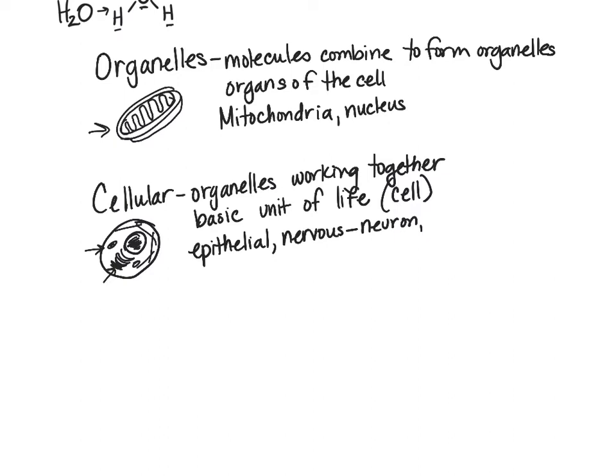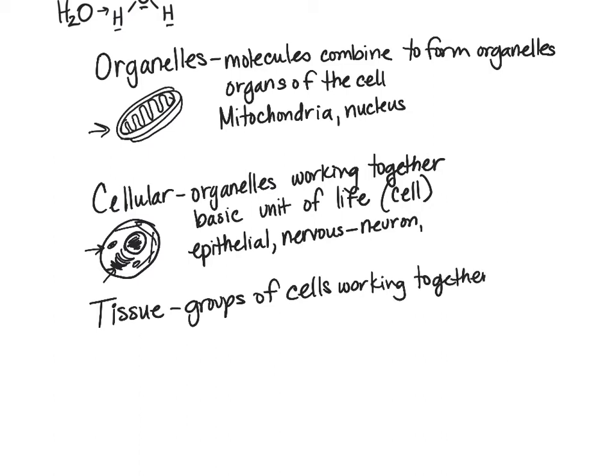So after our cellular level, we have the tissue level. I'm sure you can guess now. Tissue is groups of cells that are working together to perform a specific function.